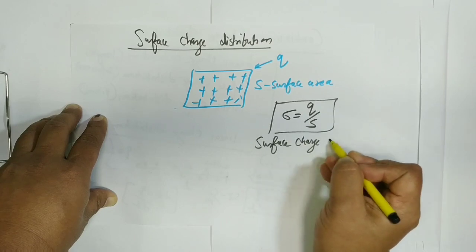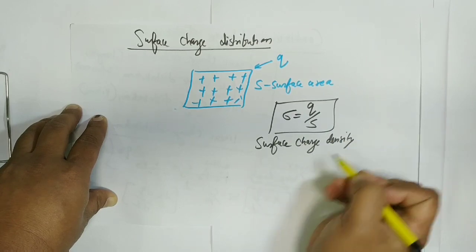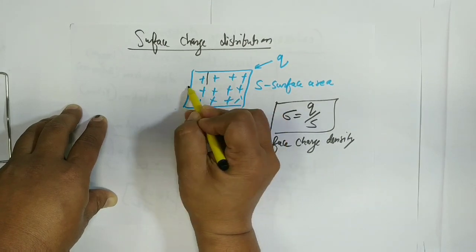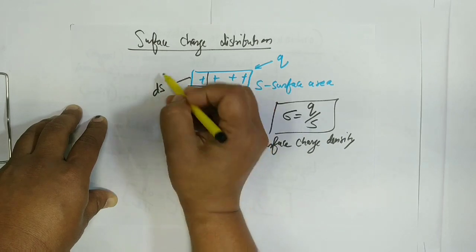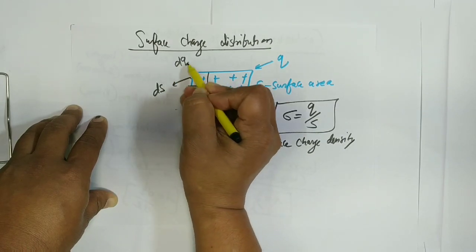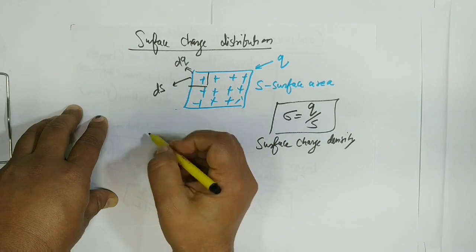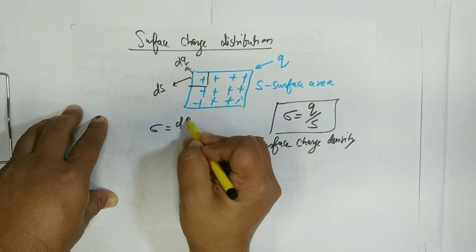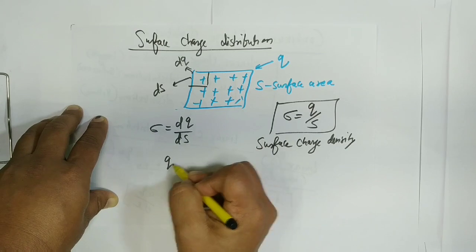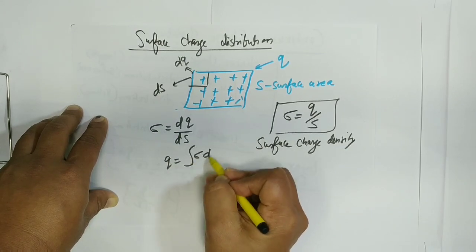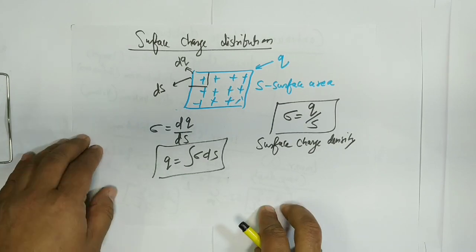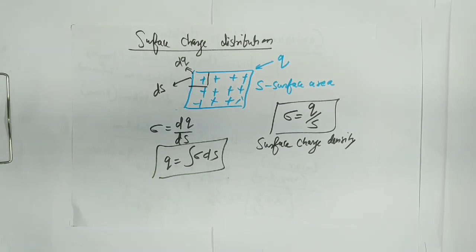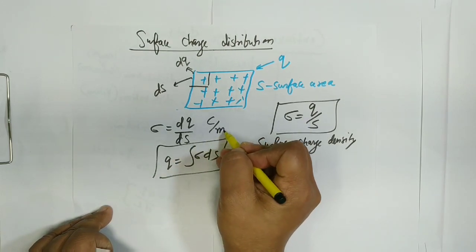That means we are going to talk about the surface area. If you take a small area ds, it will have a charge dq, continuous distribution. So sigma can be written as dq by ds. If you want to find q, you integrate sigma ds. This is for surface charge distribution, and the SI unit is coulomb per meter square.